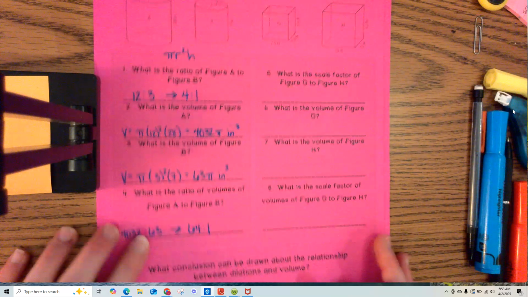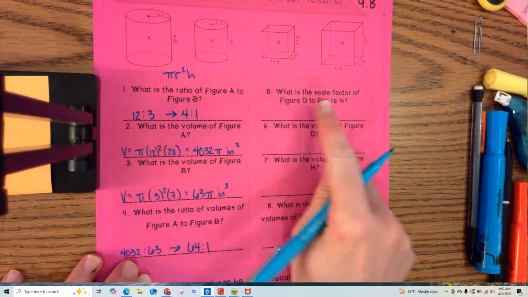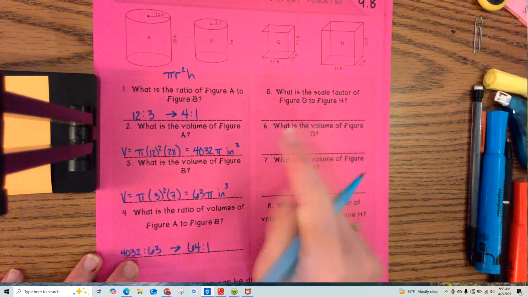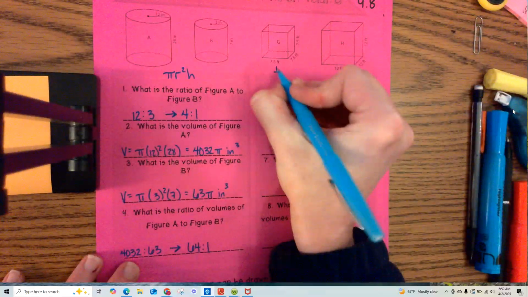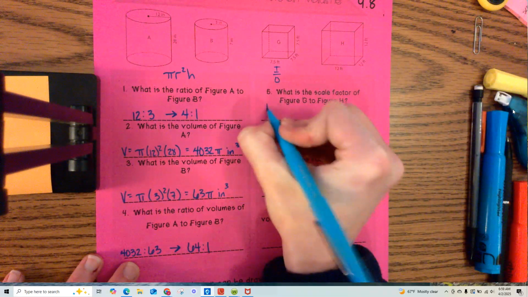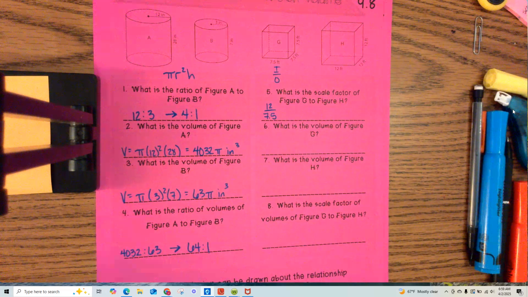All right, the other side, we've got cubes. So this one wants to know what's the scale factor from G to H. So this one is a ratio. This one is a scale factor. So to find a scale factor, we do image over original. So all the sides are going to be the same. So just pick a side.